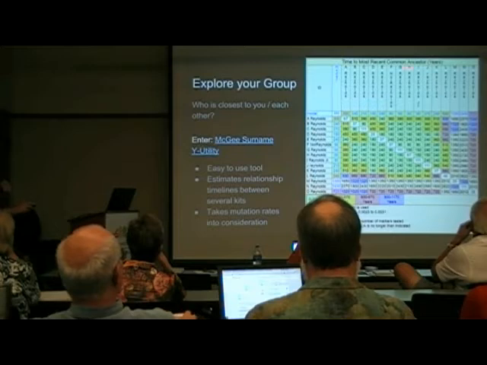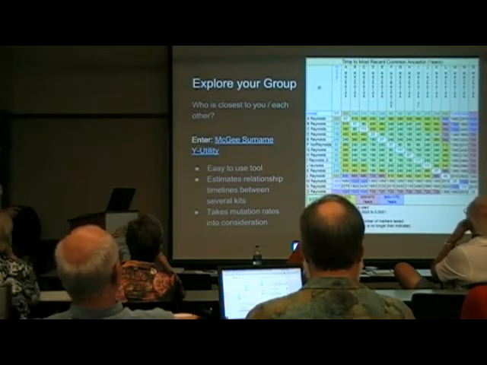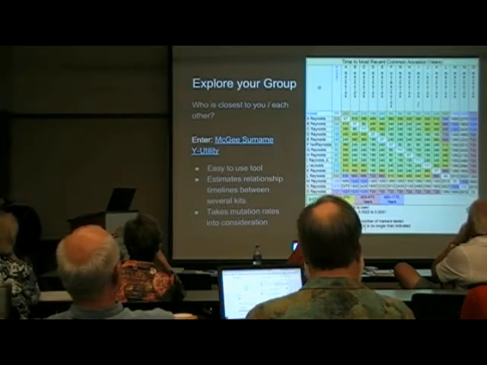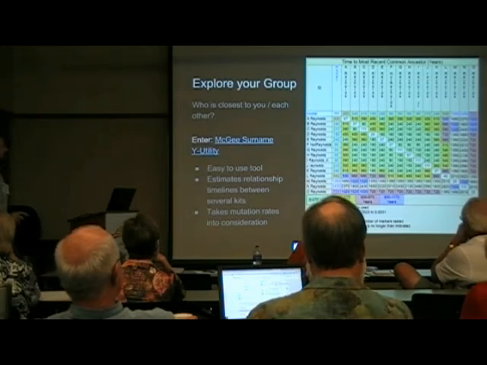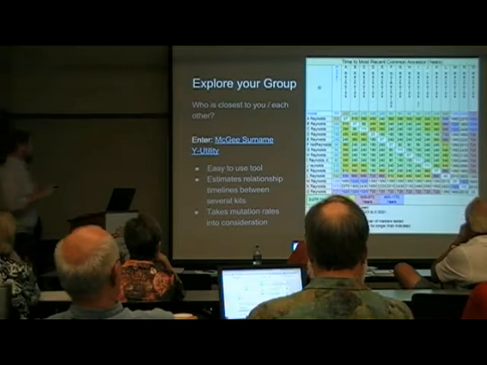What we see here, this tool does something very useful for us. It estimates in years how closely related the different kits are to each other. The green are more closely related, the yellow intermediate, the red is sort of barely related. And then we have some that aren't even colored because they are very, very distantly related.